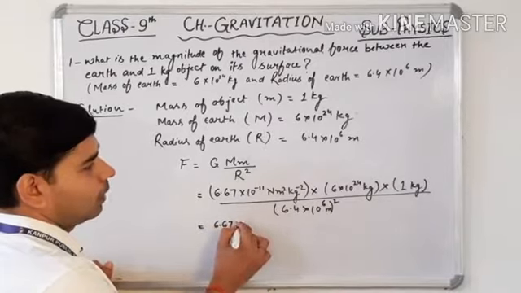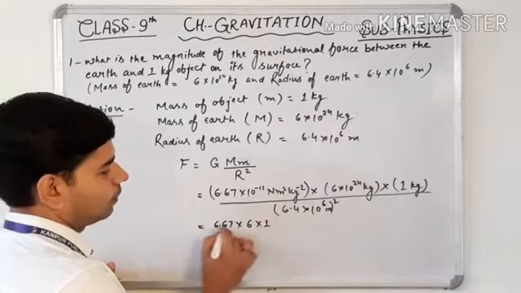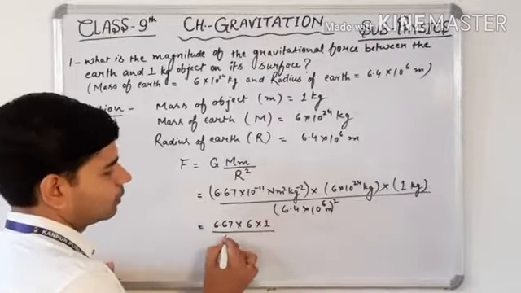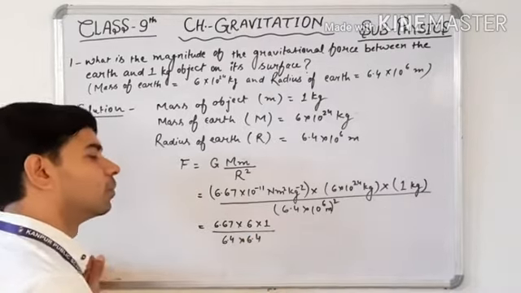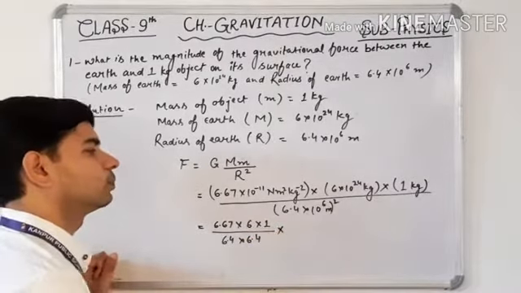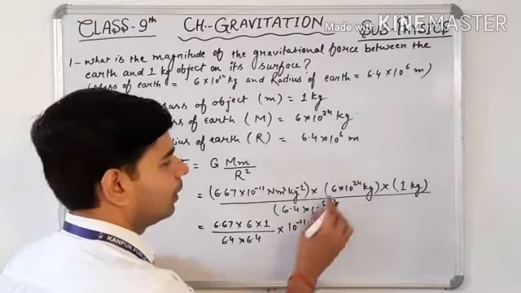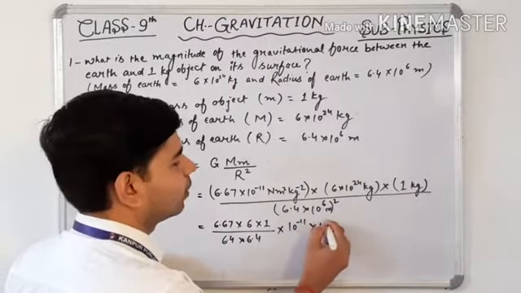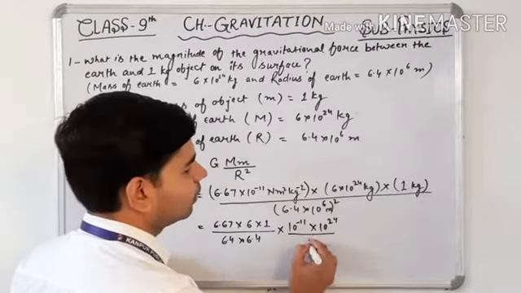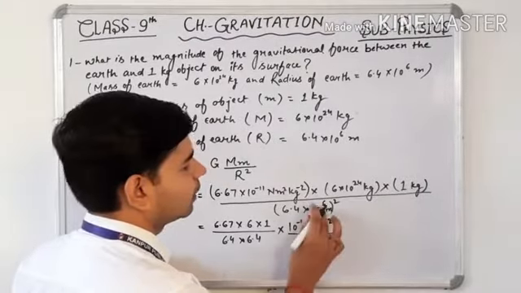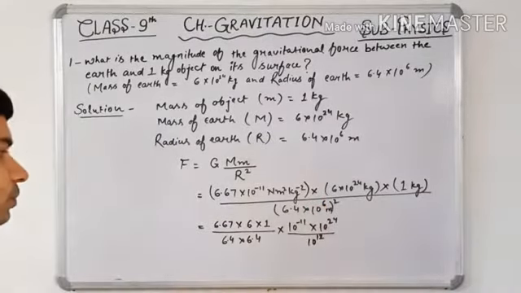6.67 into 6 into 1 upon 6.4 into 6.4 into 10 to the power minus 11 into 10 to the power 24 upon 10 to the power 6 whole square, means 10 to the power 12.